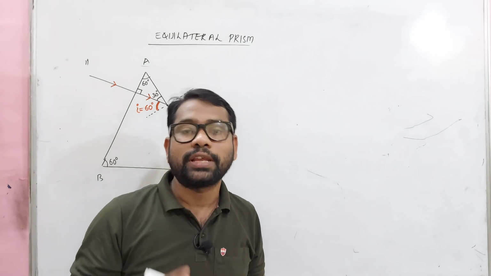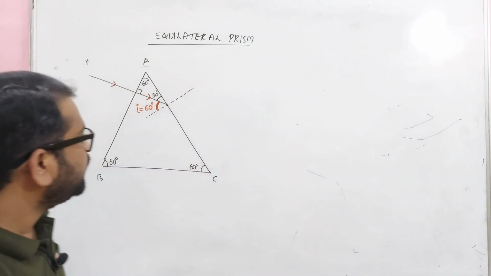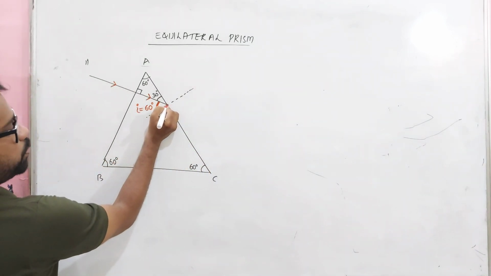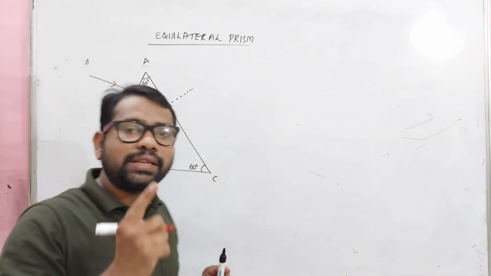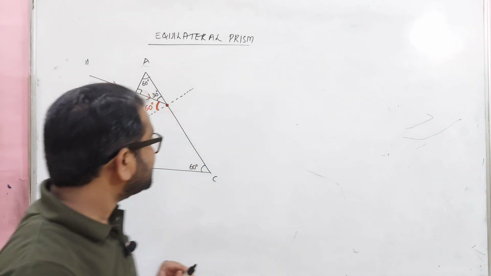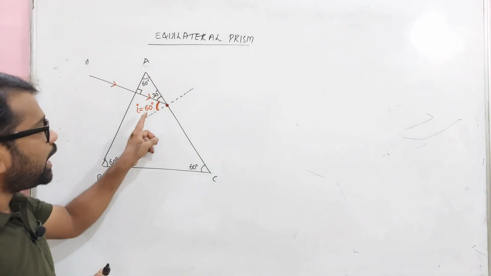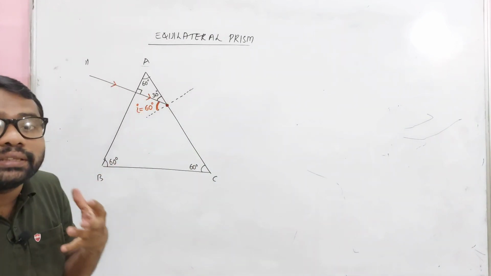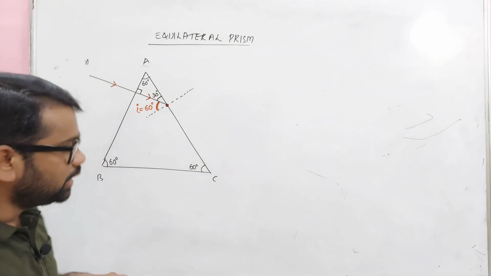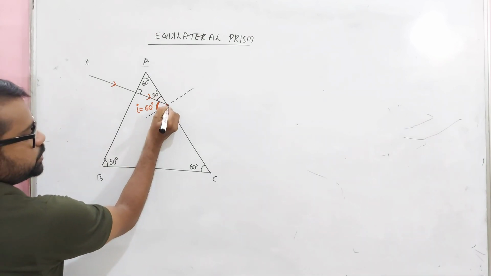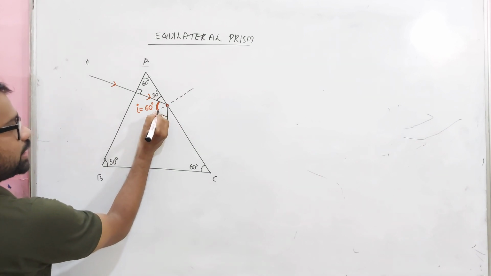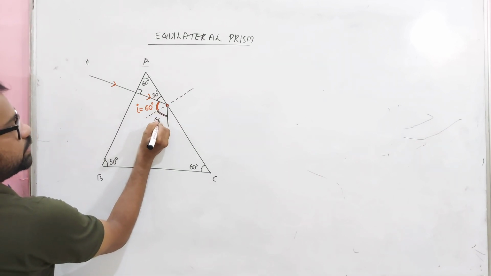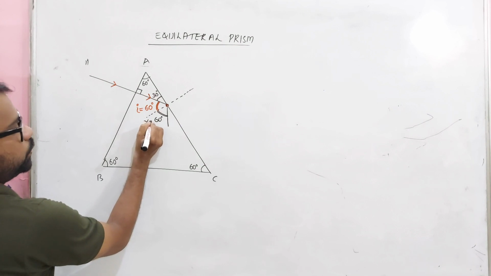Now let us recall, the critical angle for the glass-air interface is just 42 degrees only. At this point, the light ray is moving from glass to air, that is denser to rarer. At the same time, the angle of incidence is greater than the critical angle. Then the light ray will undergo total internal reflection. What will be the angle of reflection? This also will be 60 degrees only.